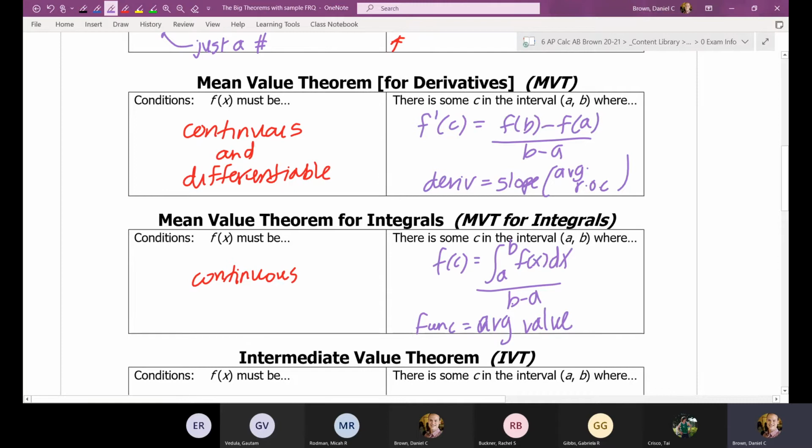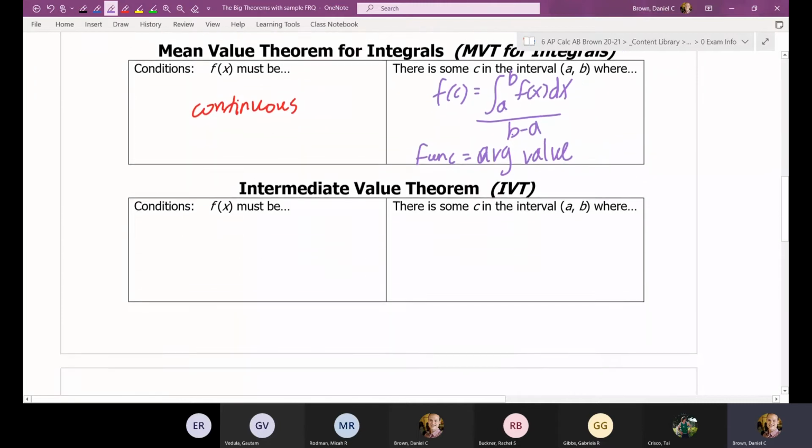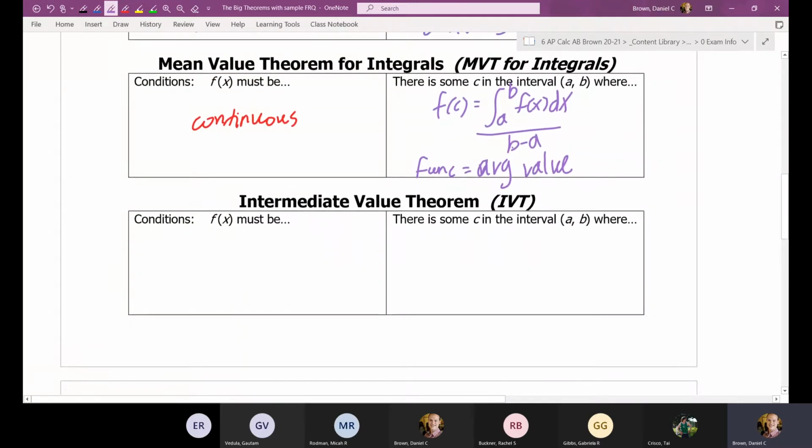And then the last big theorem that we have, and then we'll look at a sample FRQ, is going to be the intermediate value theorem. The intermediate value theorem only requires, again, your function to be continuous. And it often talks about the existence of a y value. For example, if you know the starting point and you know the ending point, then I think it's pretty logical every y value in between has to exist.